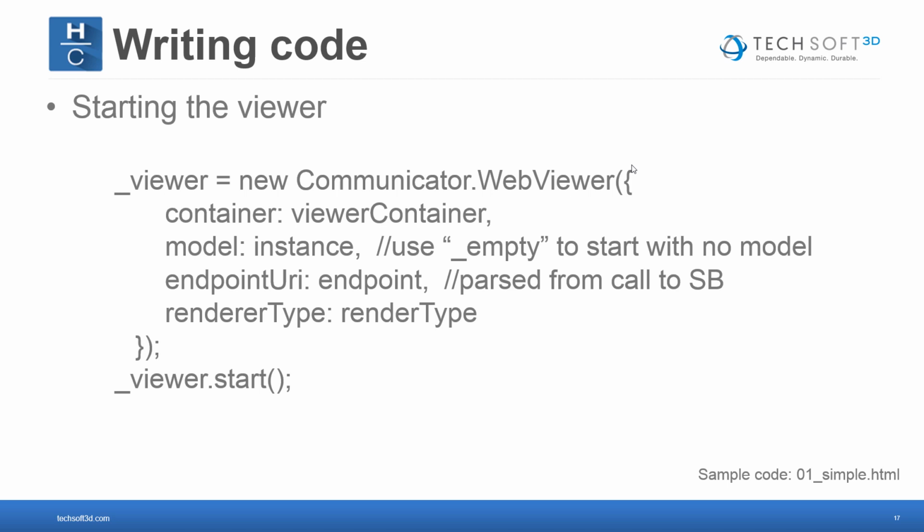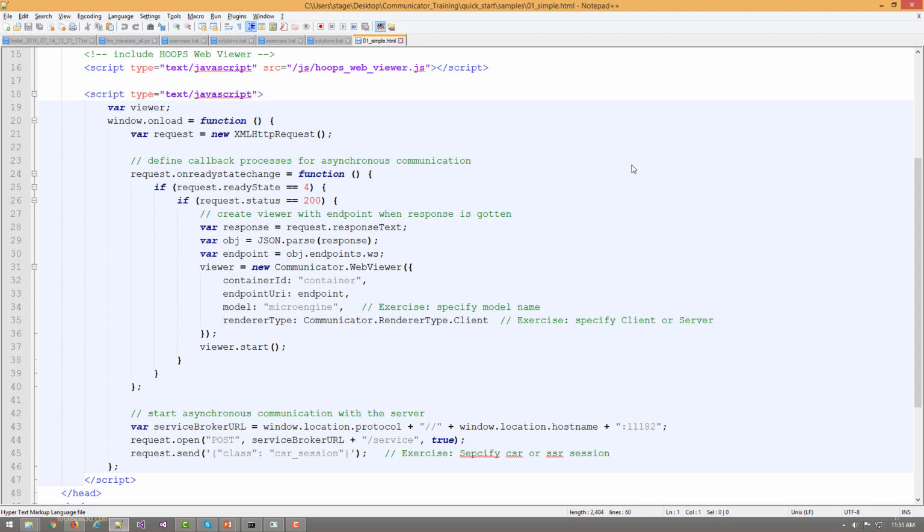So we can take a quick look here at a sample, and this shows the whole thing start to finish. So if you're not too familiar with JavaScript, don't really worry about it too much. But basically what happens here is that we create a new XML HTTP request, and this allows us to make additional requests within the context of a page.